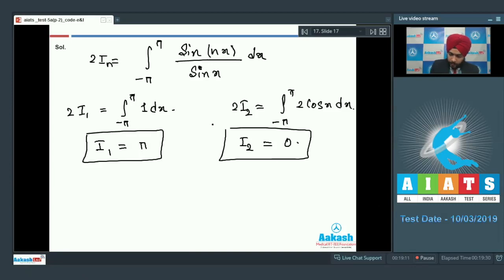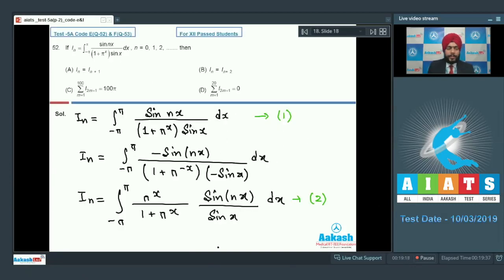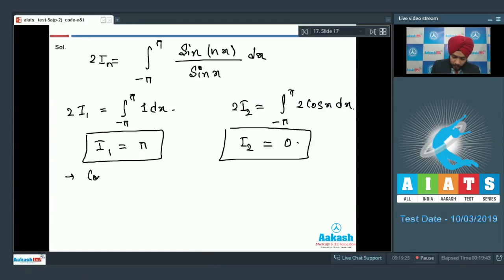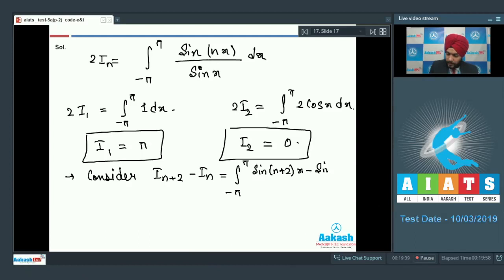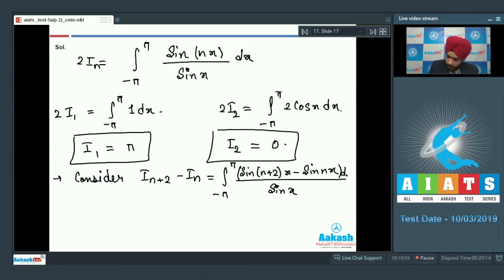Two relations. Let us try to establish one more relation between In and In plus 1 or In and In plus 2. So if we consider In plus 2 minus In, it will be the integration from minus pi to pi of sine of n plus 2 x minus sine nx upon sine x dx.